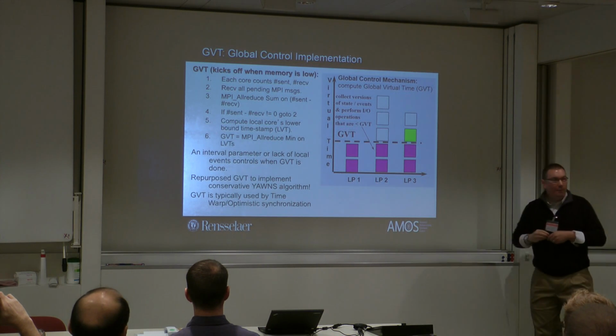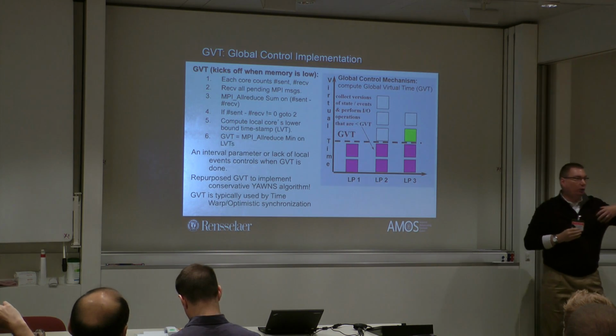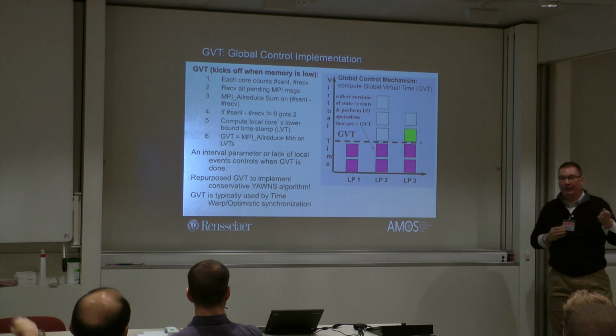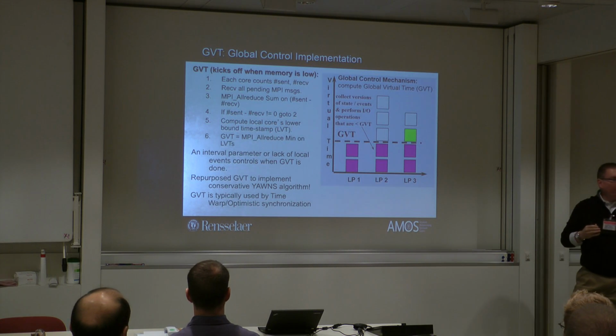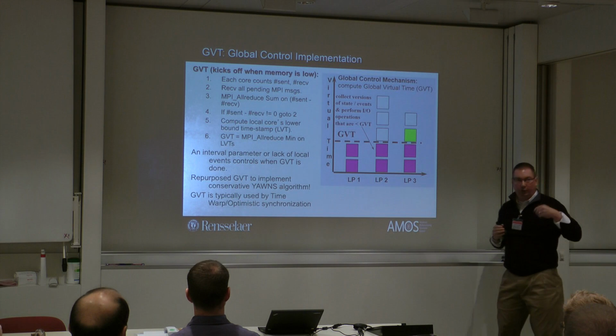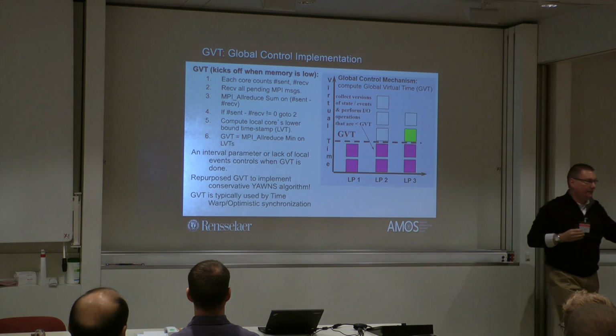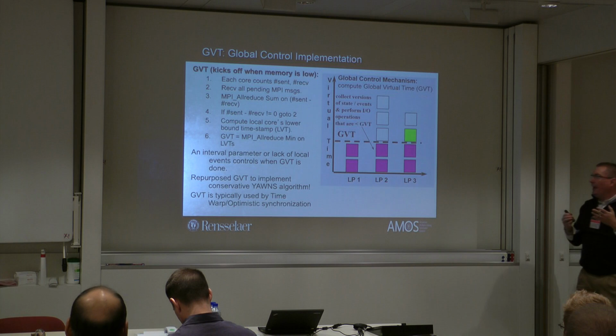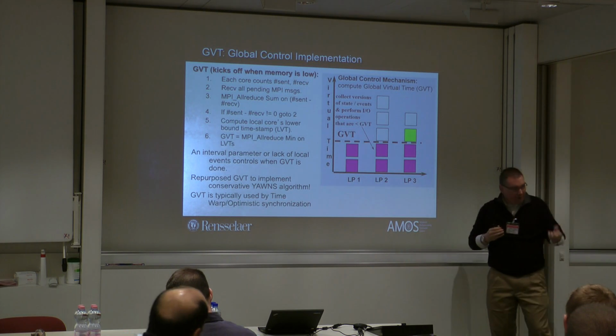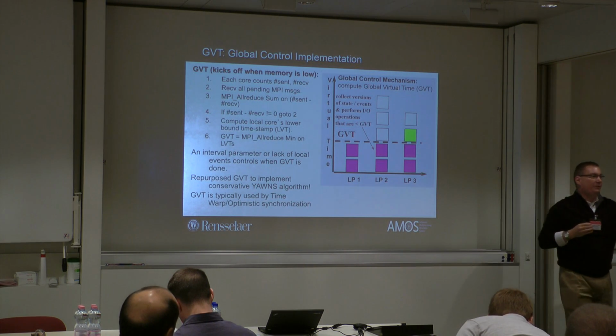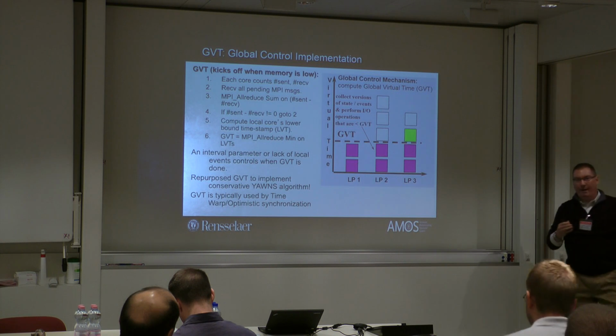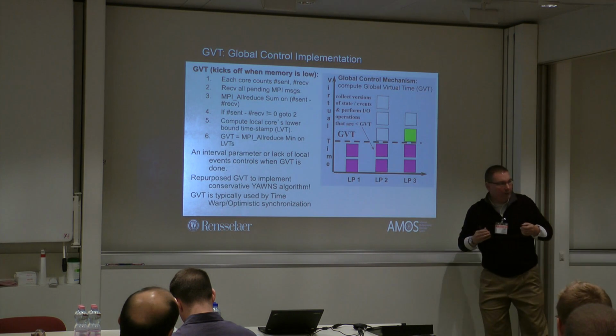All right, so I want to come back and revisit this. So I mentioned this global virtual time calculation which we're using. Another way to look at it, or if you've heard of it, it's also called lower bound timestamp, or LBTS. So if you read papers about conservative synchronization algorithms, they'll use LBTS when they talk about it. In the optimistic world, we'll tend to use GVT.